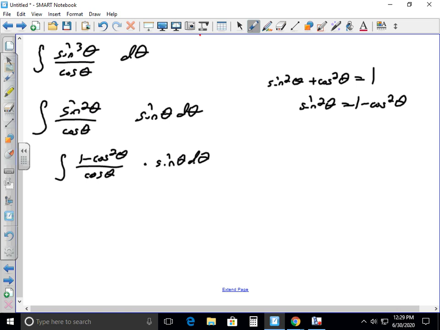So now we can divide each of those by cosine. We can do 1 over cosine. 1 over cosine is secant, or we could just call it 1 over cosine. And then cosine squared over cosine is going to make cosine times sine. Let's see how we want to do this.